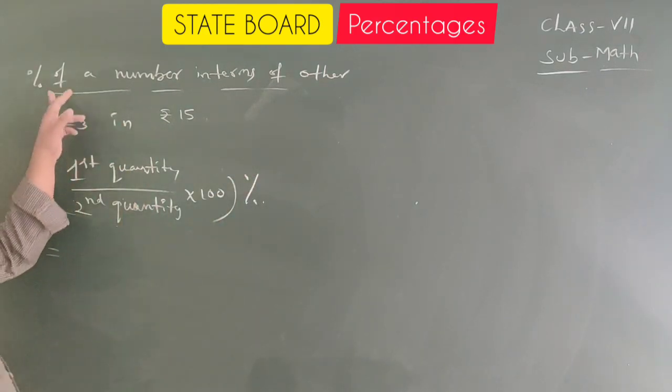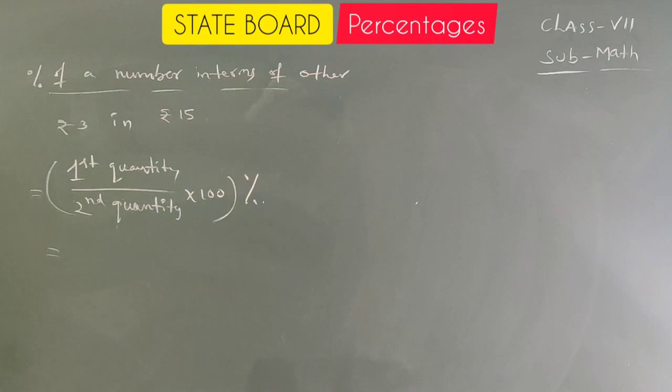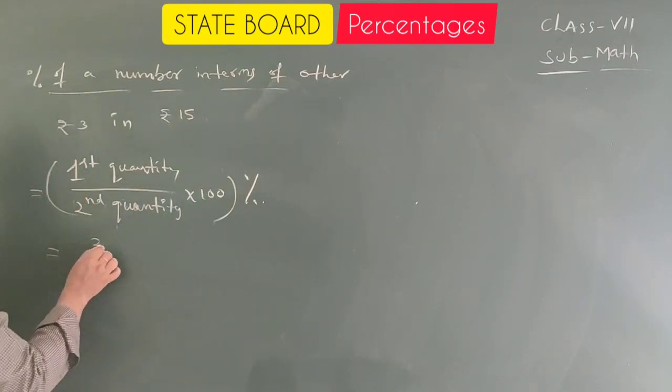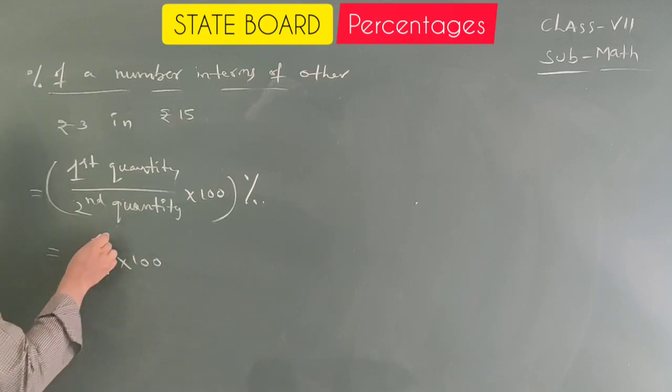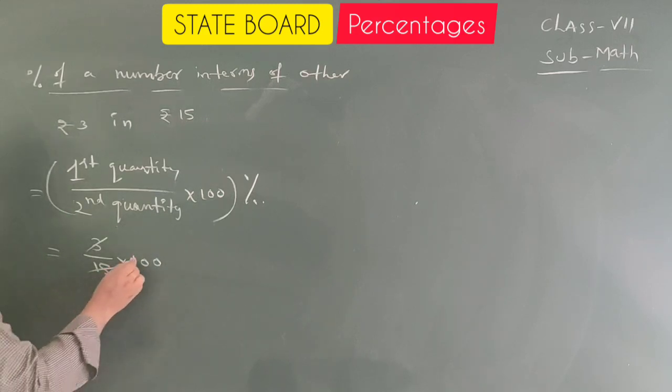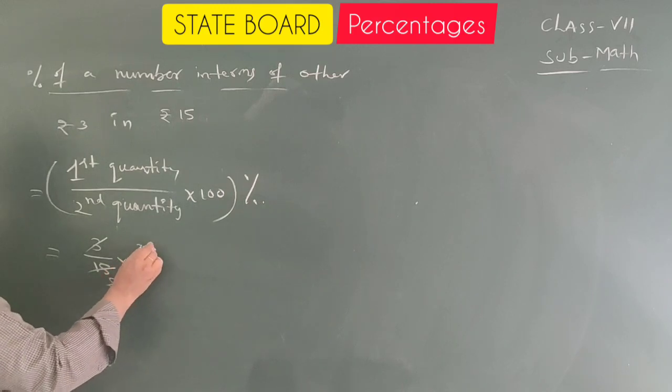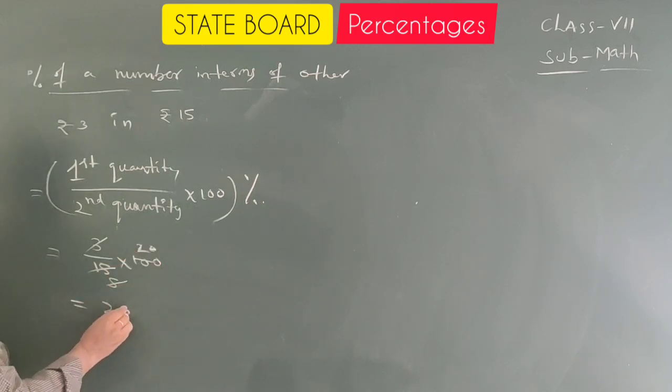In terms of percentage of one quantity in terms of another, the first quantity is 3 and the second quantity is 15, out of 100. So 5 times 3 is 15, and 5 times 20 is 100. So 3 rupees in 15 rupees is 20%.